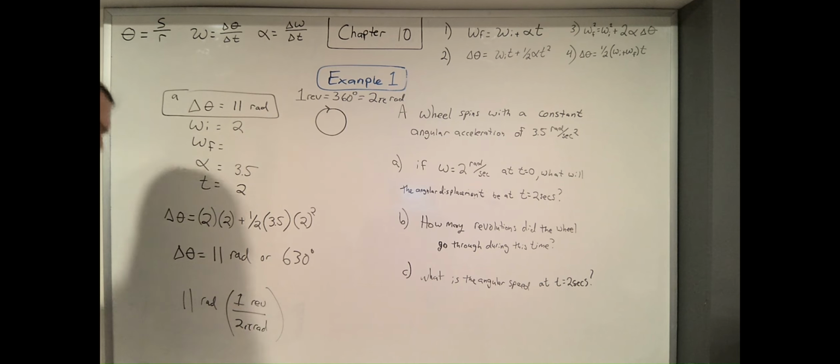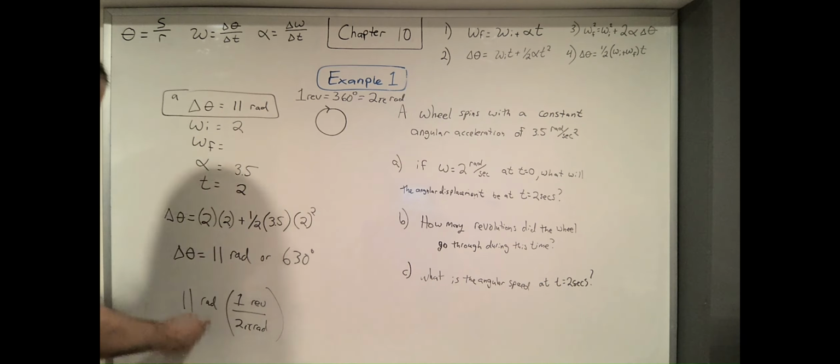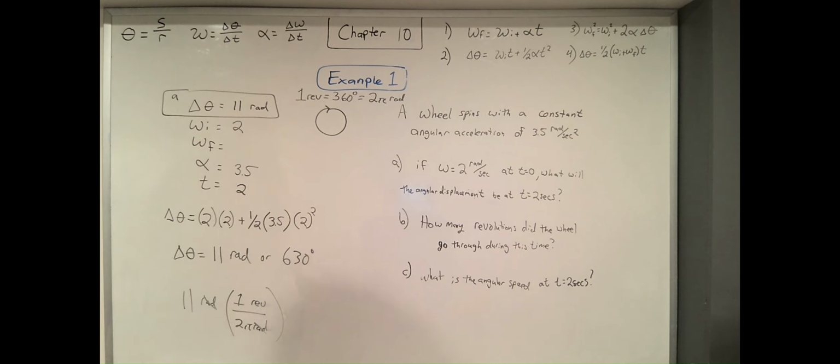We're doing unit conversion again all the way back to chapter 1. Radians cancel out. We're left with revolutions. Take 11 divided by 2 pi, and you should get 1.75.